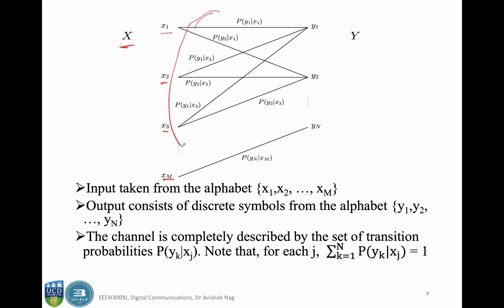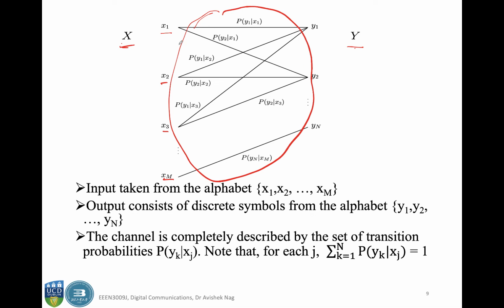So this is your channel, and all the input alphabets are communicated through the channel, and you get a corresponding output alphabet set Y, which consists of some discrete symbols y1, y2 up to yn. The channel does nothing but map these input symbols, which are part of the input alphabet, to these output symbols, which are part of the output alphabet.